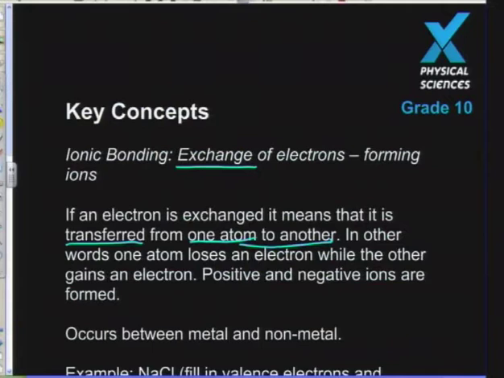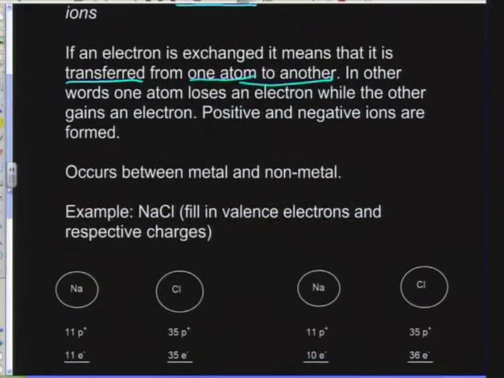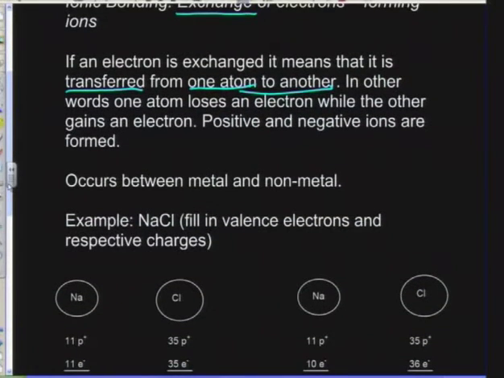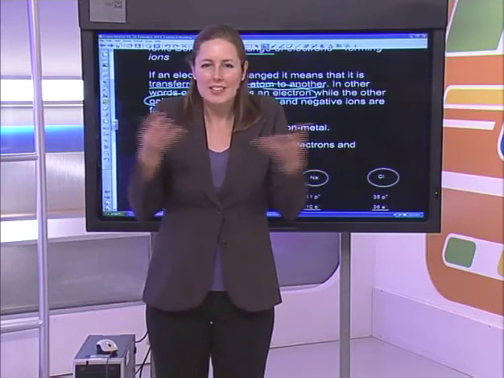Okay? In other words, one atom, let's jump down here, loses an electron, that's critical, while the other one gains an electron. Now, that would mean that something is left with one electron short and something is left with one electron more. Well, what's that going to form? What's going to happen with that?